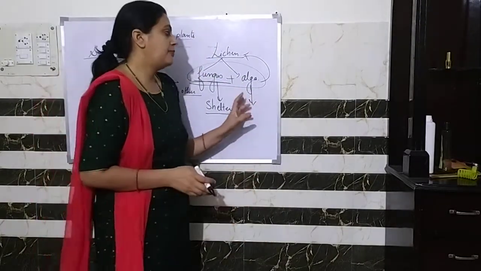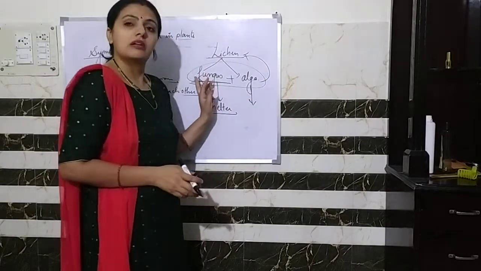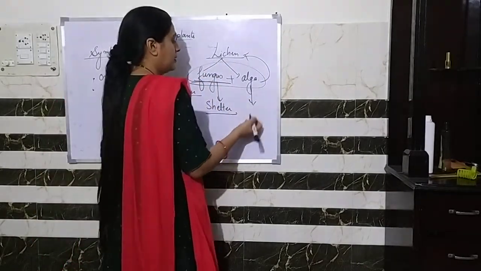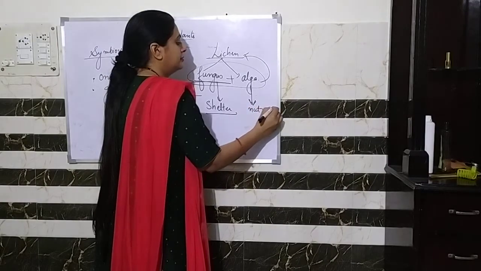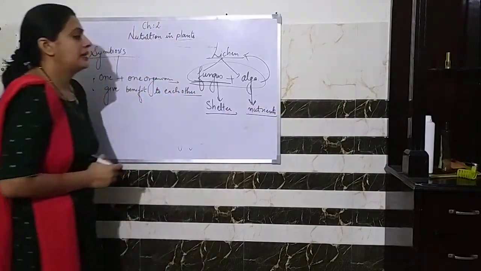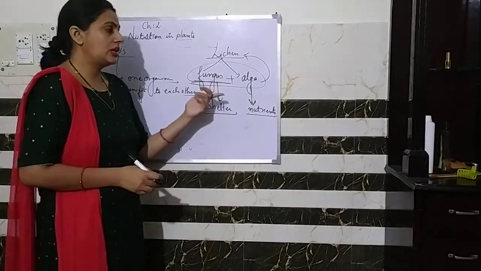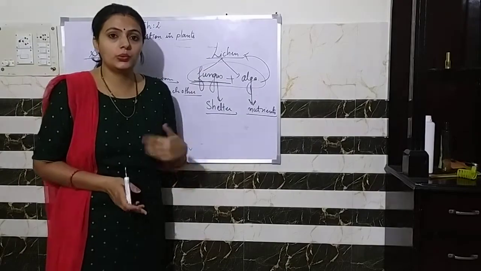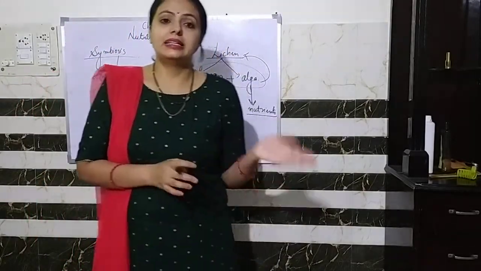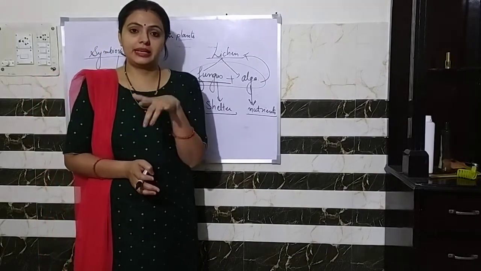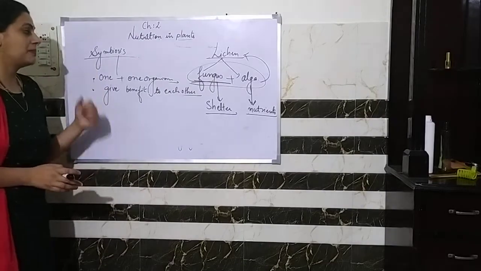So it provides some of its nutrients to the fungus. In this way both live together and both benefit each other. One will provide shelter and the second one will provide food. So this is all about symbiosis.